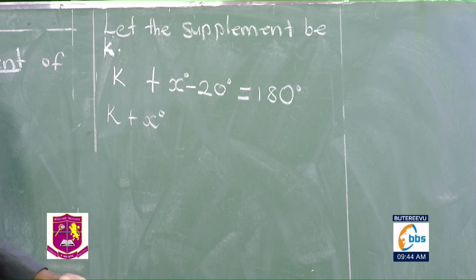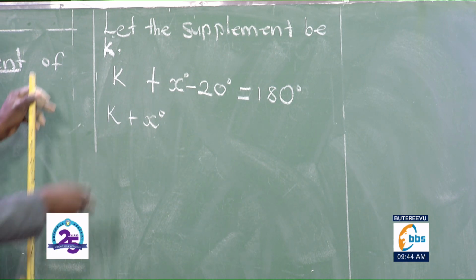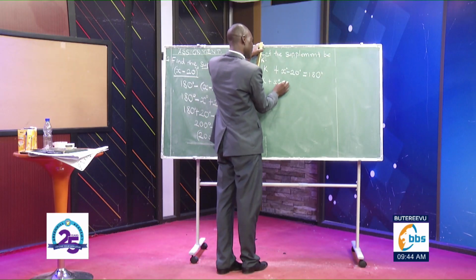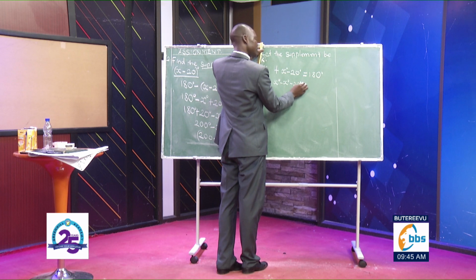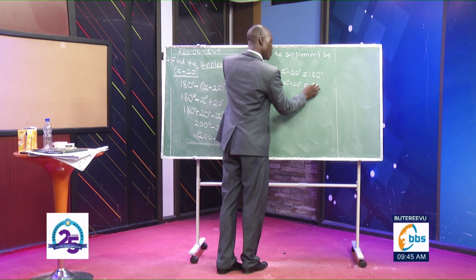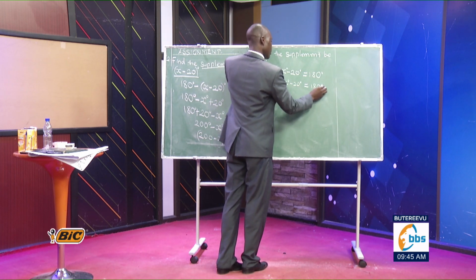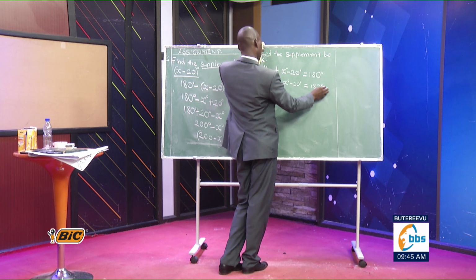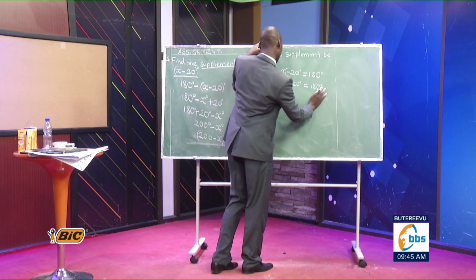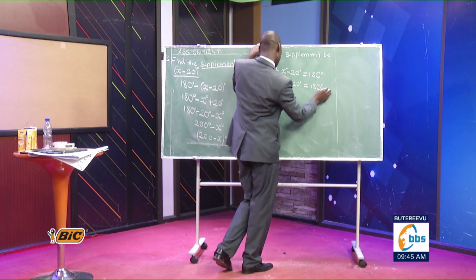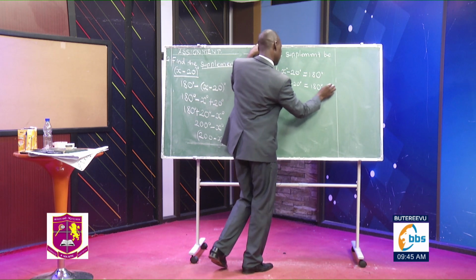None of the two is wrong. So k plus x degrees minus 20 degrees is equal to 180 degrees minus x degrees.